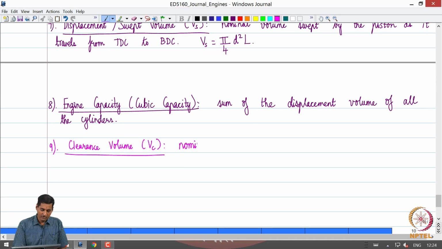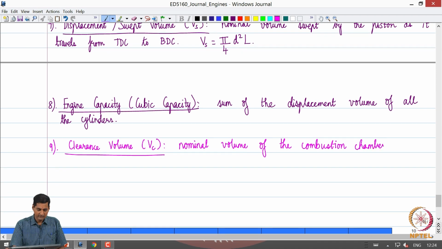It is the nominal volume of the combustion chamber when the piston is at TDC.